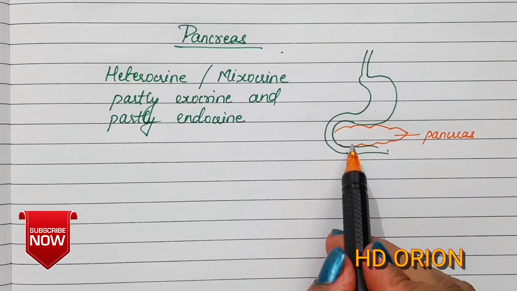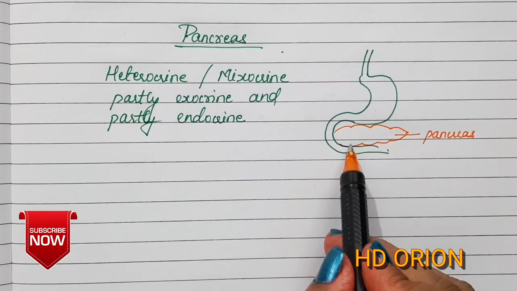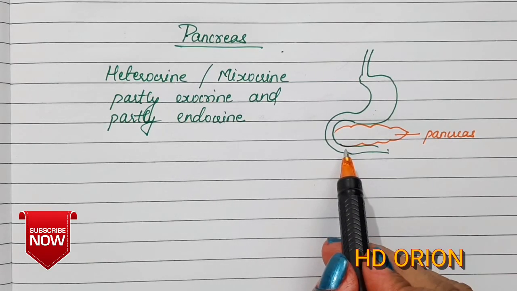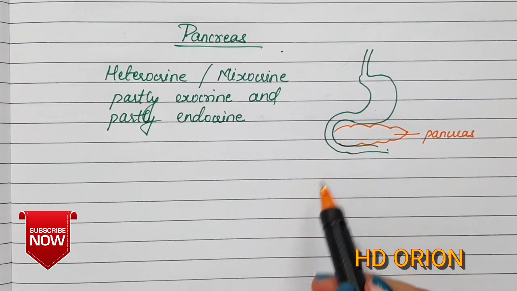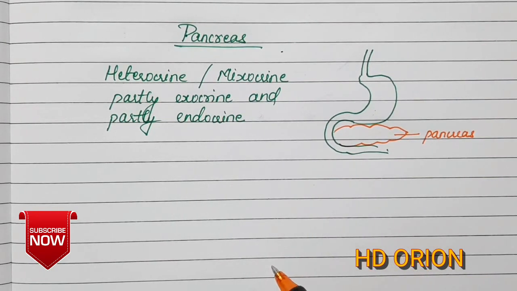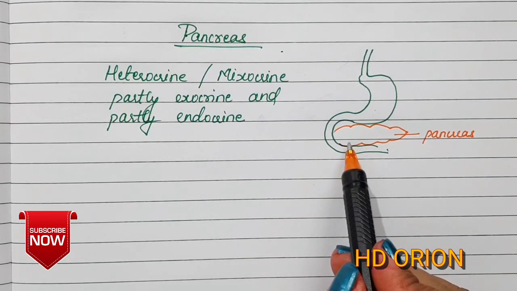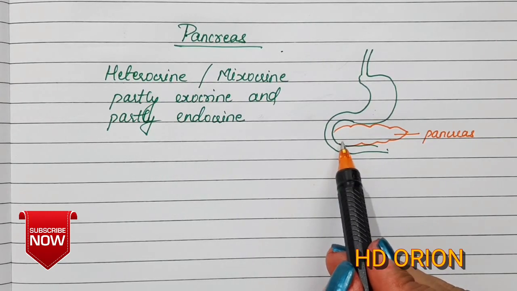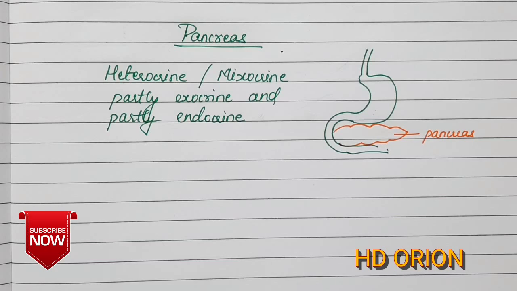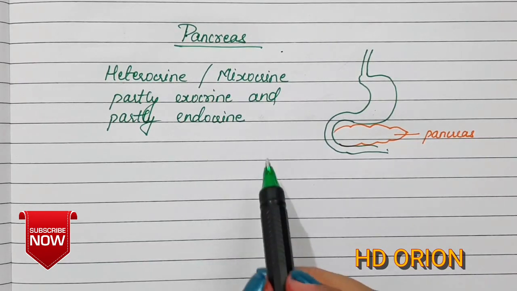secretion of pancreas, the pancreatic juice which helps in the digestive system, contains all the types of enzymes which help in digestion of every type of food, whether it be carbohydrates, proteins, fats, etc. So pancreatic juice is loaded with all the enzymes that help in digestion. So the exocrine part helps in the production of pancreatic juice, which is carried by the pancreatic duct.